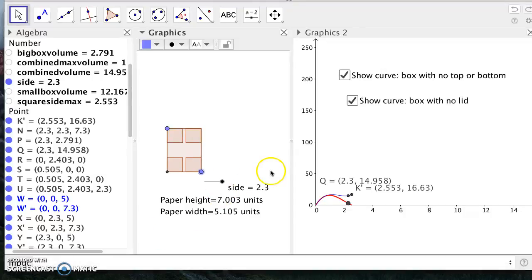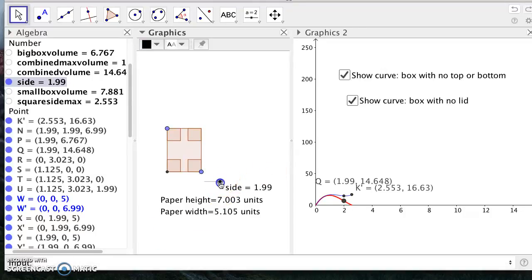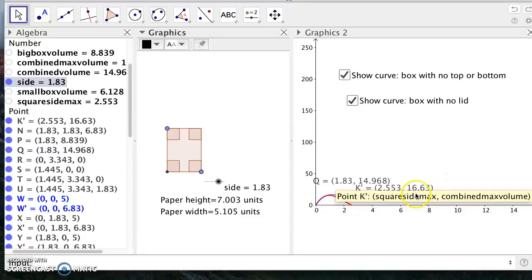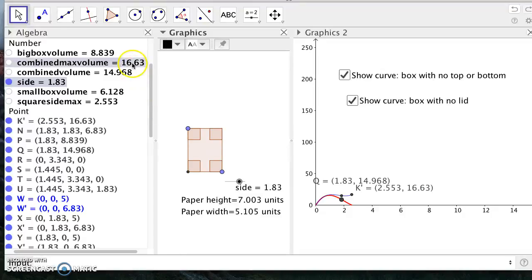Then we should be able to see where, if we move this side, the combined volume, which is the y-coordinate of Q, and the combined max volume of K prime, which is this right here, are relatively the same, then we get a borderline situation. So that's these two numbers right here.